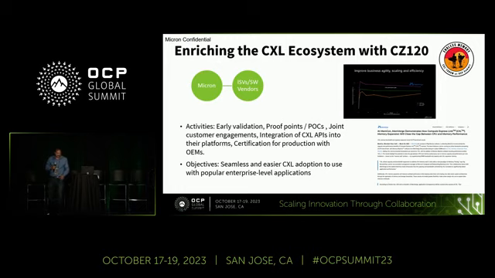This is looking at in-memory database, ISVs, VMs. Again, we are doing a lot of validation, proof points, POCs, joint customer engagements. Essentially, the goal is making sure their applications run smoothly with CXL in an optimized way, and certification for production with the OEMs.